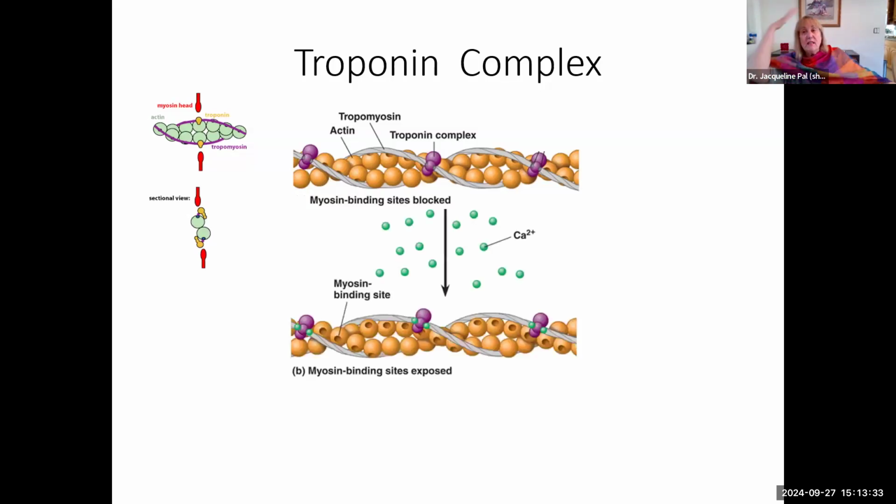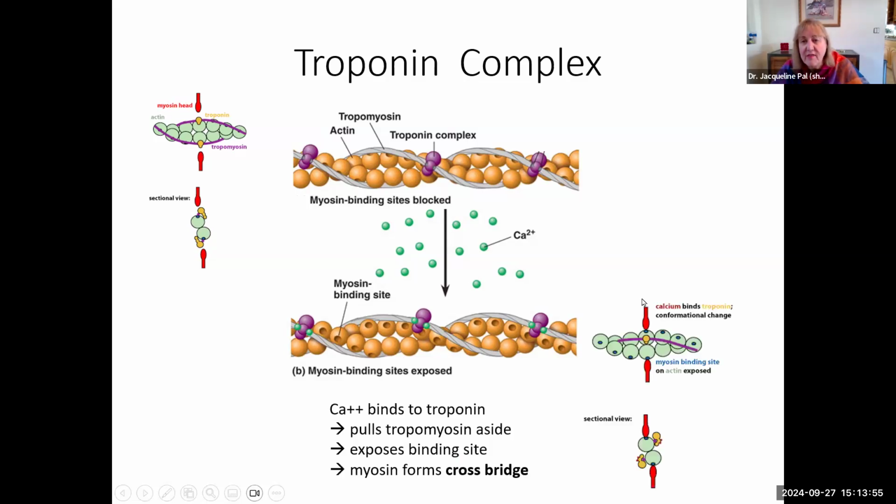But if calcium would come along and hit onto the troponin, it would cause the troponin to shift, and it would pull the tropomyosin off the binding sites of the actin, thereby exposing them, as you can see in this second drawing. And then that allows the myosin heads to go into those binding sites.